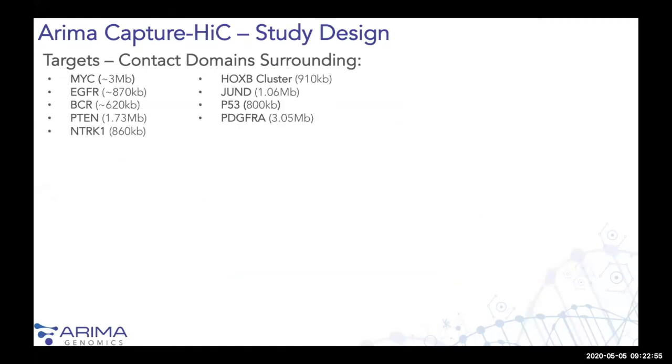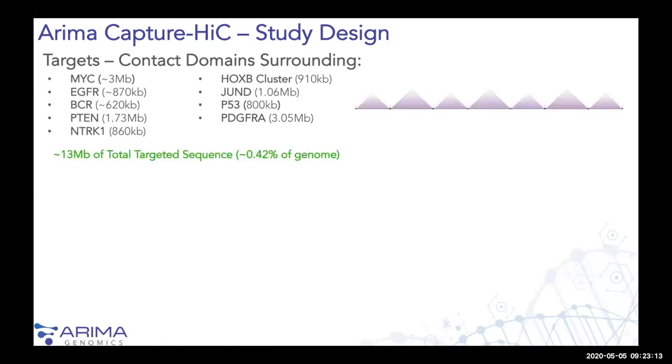Now, we have a lot of really exciting, I think, internal data. One of those experiments that we've done internally is we've captured the regions around several different select oncogenes or tumor suppressors, like MYC, EGFR, BCR, PTEN, NTRK. And we've done this in a way where, let's say, I'm saying here we capture BCR, 620 kb.